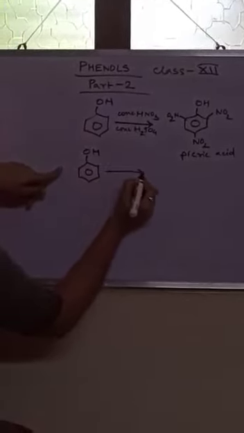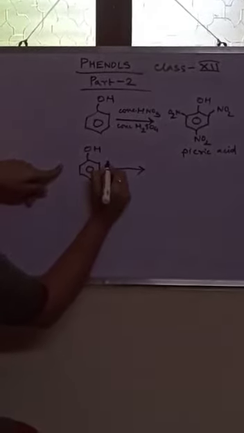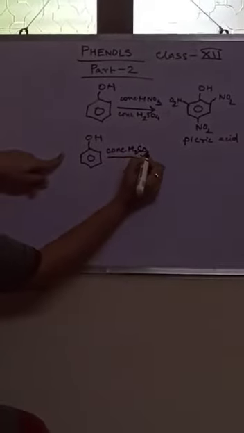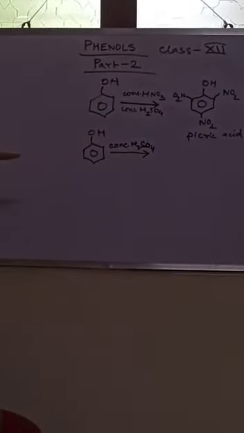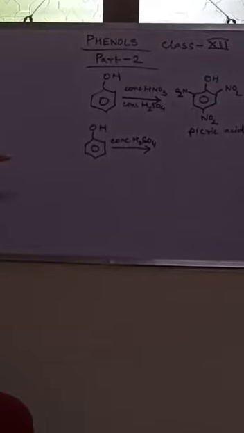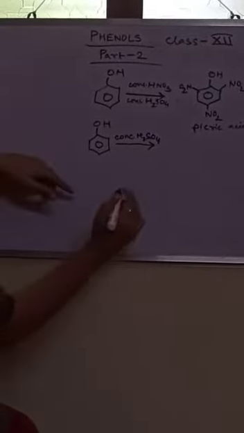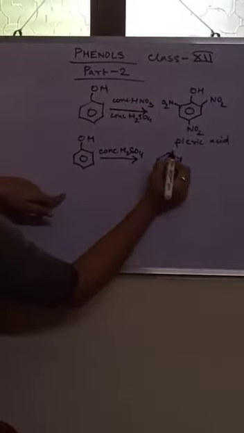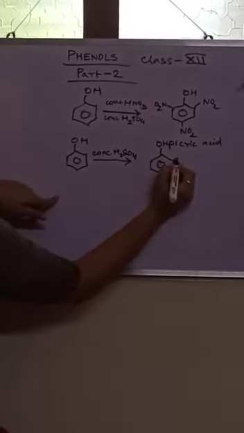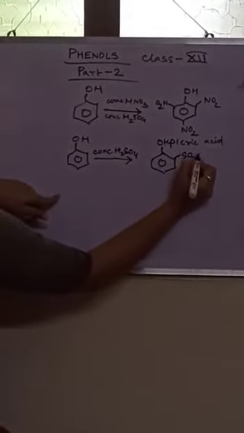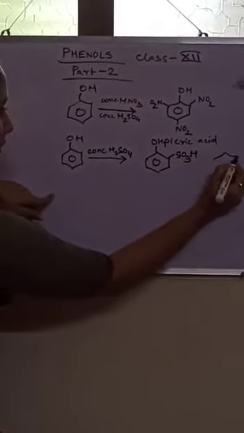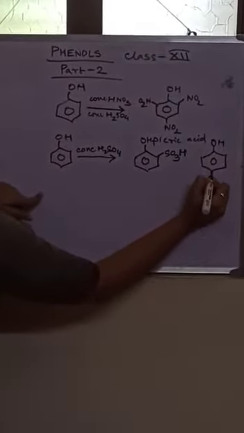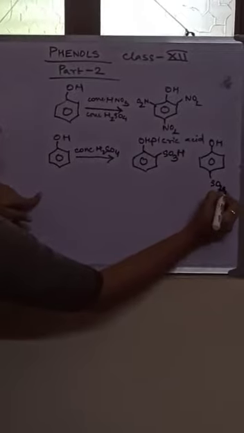Phenol will be first heated with concentrated sulfuric acid, and we will get a mixture of ortho and para phenol sulfonic acids.